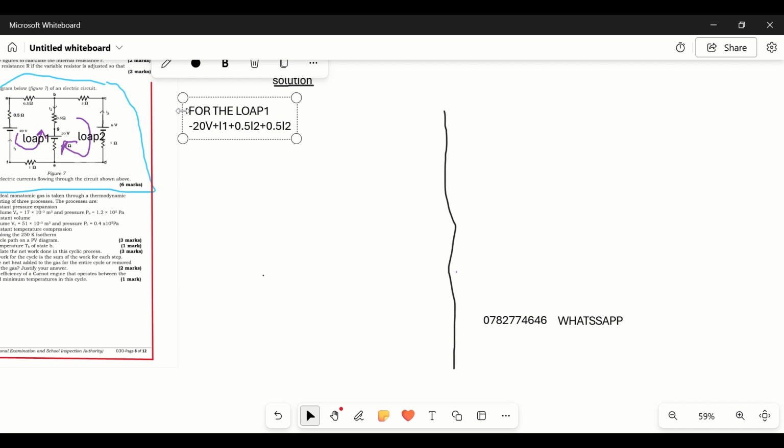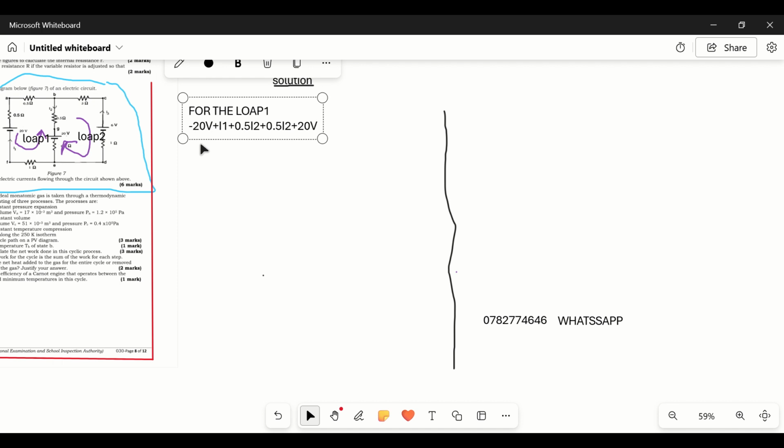And because this loop is coming from negative to positive, we have also a positive electromotive force, which is 20 volts.